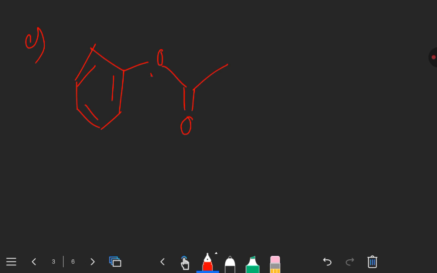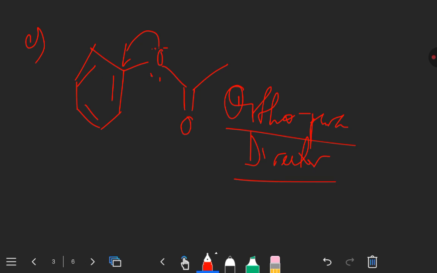So you can see that this oxygen has lone pairs of electrons because it is the one which is directly bonded to the ring. That is our main focus, and because it has these lone pairs of electrons, it is able to donate these lone pairs of electrons to the ring, hence activating the ring. So you can say that this is an ortho-para director. Okay, so it is ortho para director.